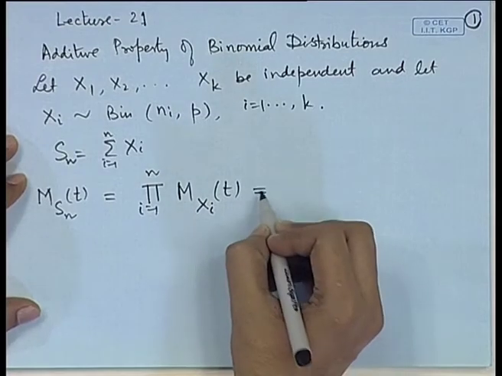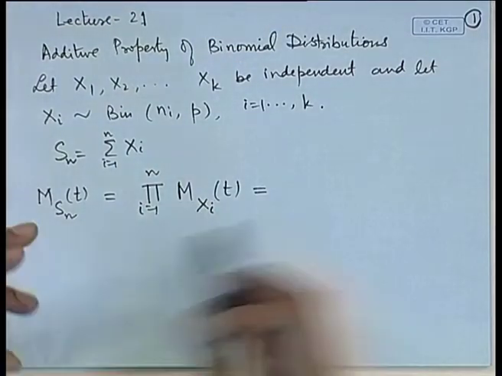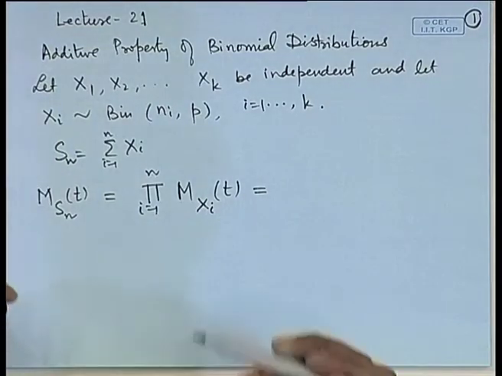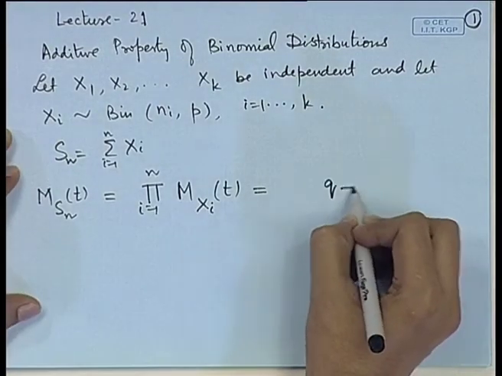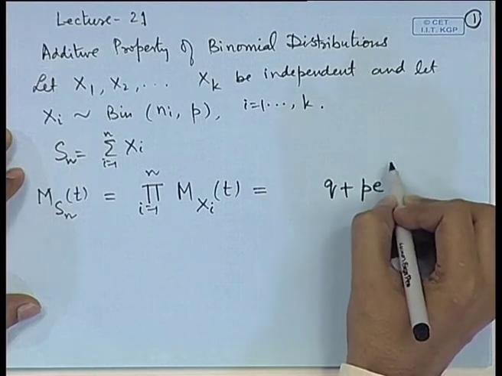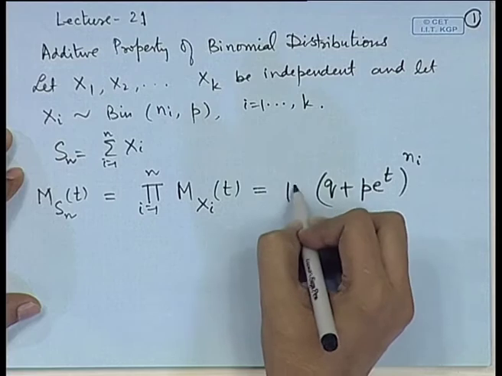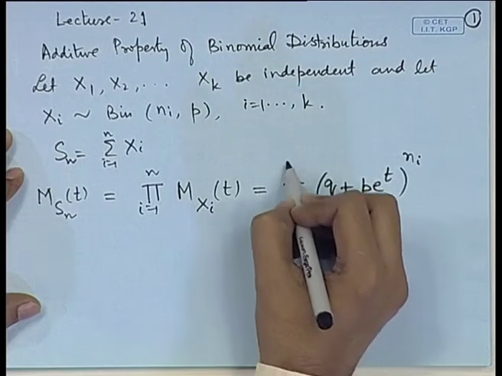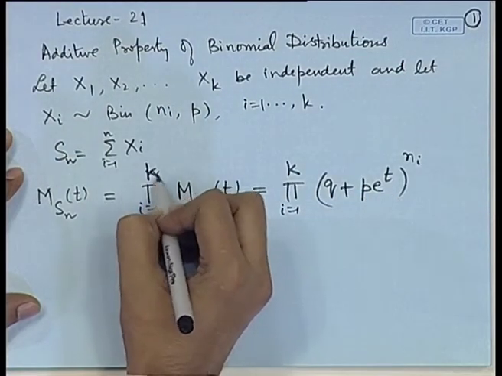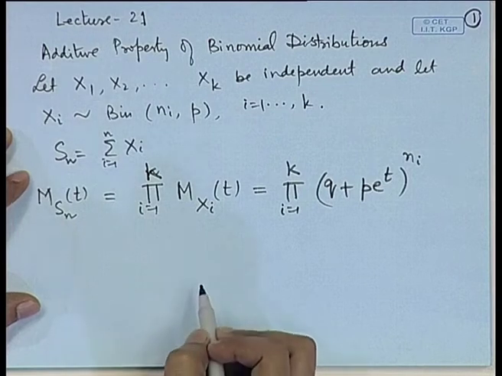Notice here that the MGF of Xi is (q plus p e to the power t) to the power ni, and we take the product for i equal to 1 to k.